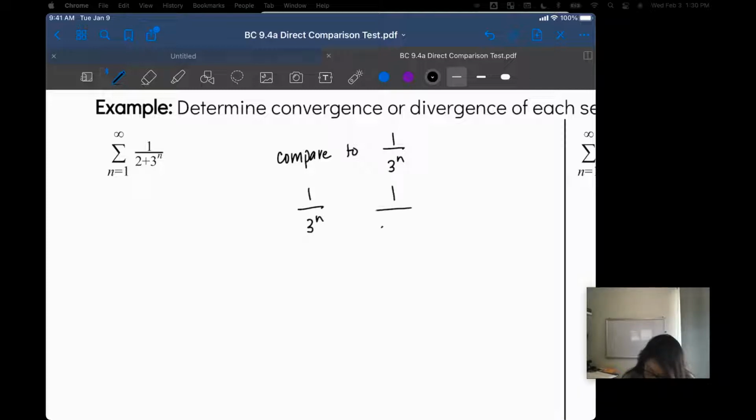Compared to 1 over 2 plus 3 to the n, the denominator will be larger in the second fraction, so the value will actually be smaller when I divide. So 1 over 3 to the n is b sub n. It's larger than our original.